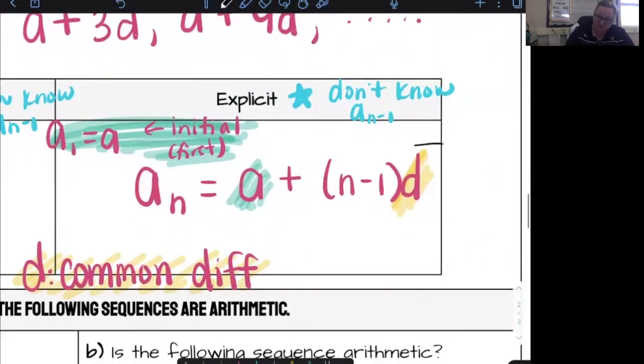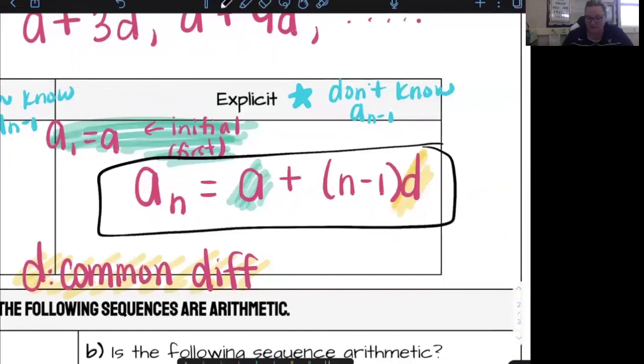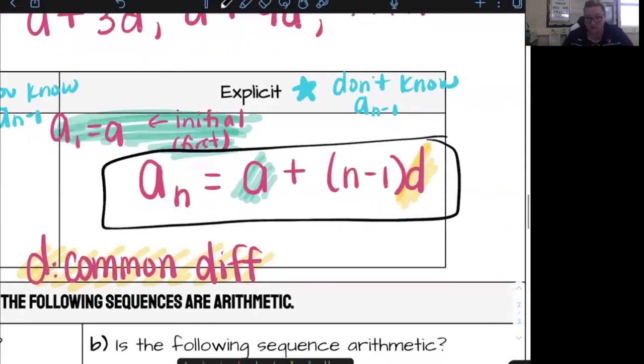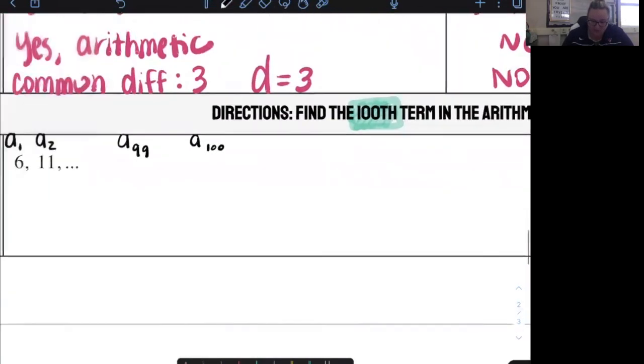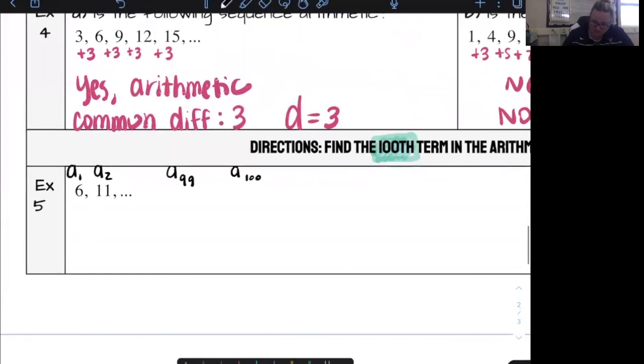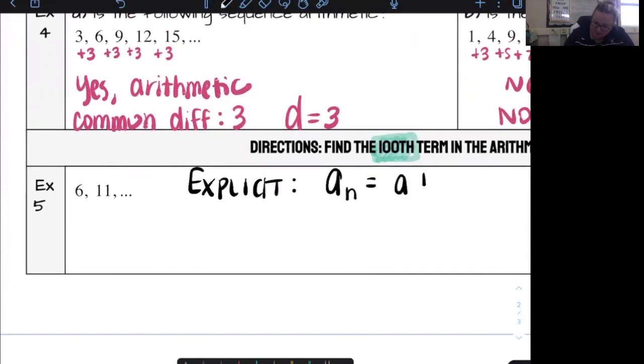So my explicit formula is going to look like a sub n is equal to a plus n minus 1 times d.